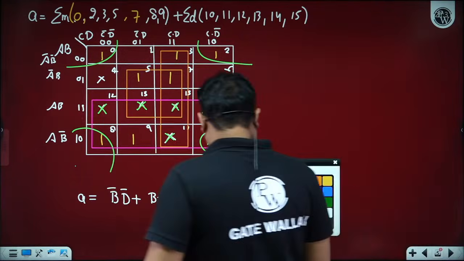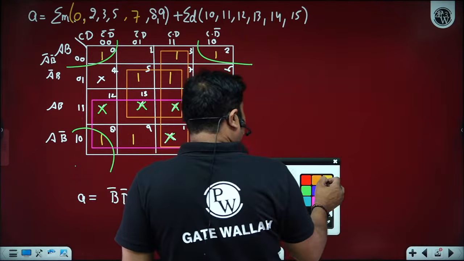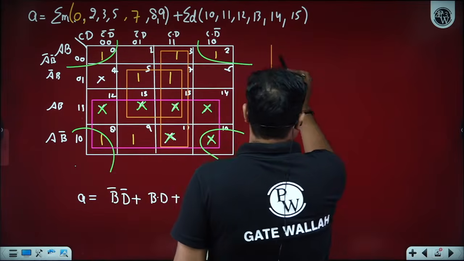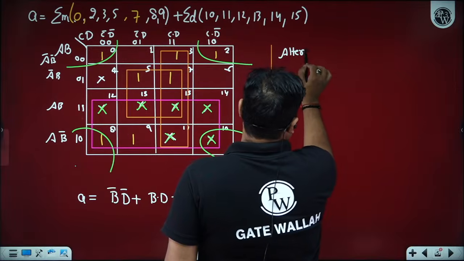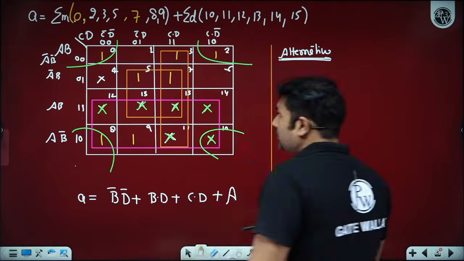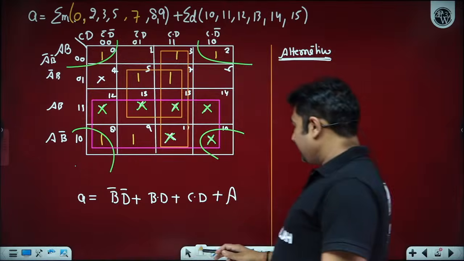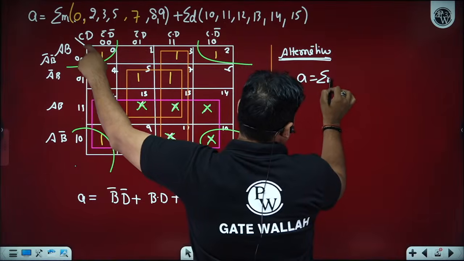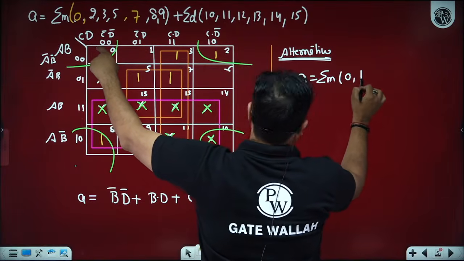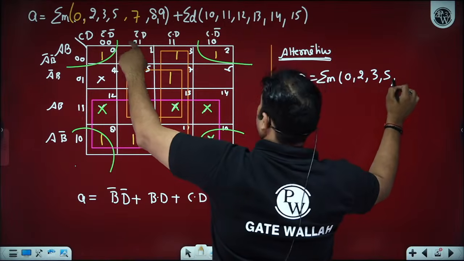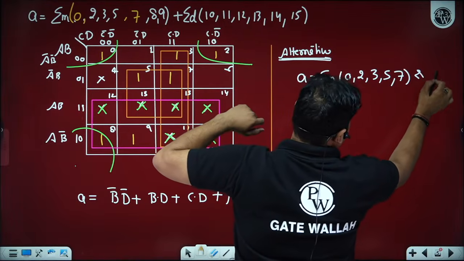Now please observe here. I am using one alternative approach to minimize the same function. If you use the alternative approach, then please observe we are getting A high on the conditions of 0, 2, 3, 5, 7 and 8, 9.